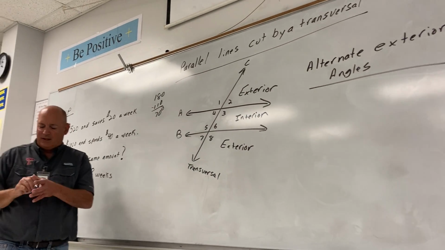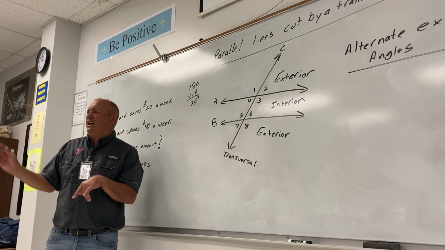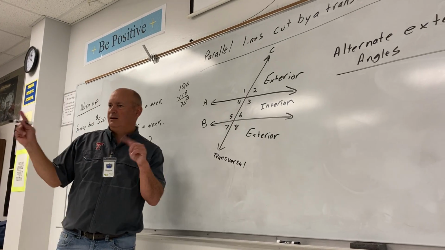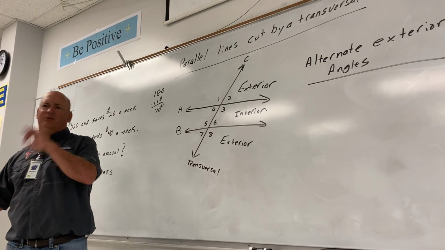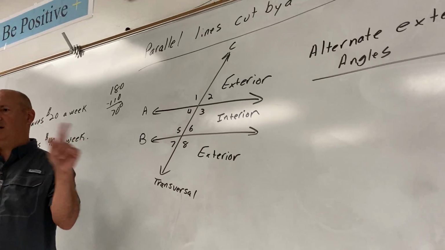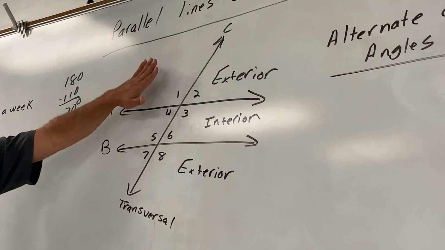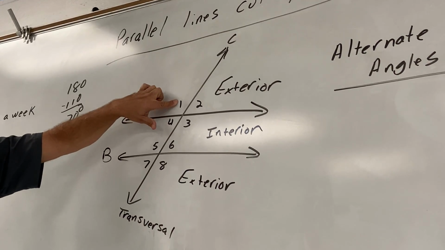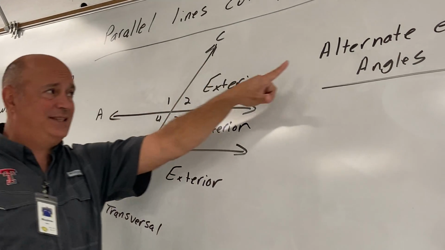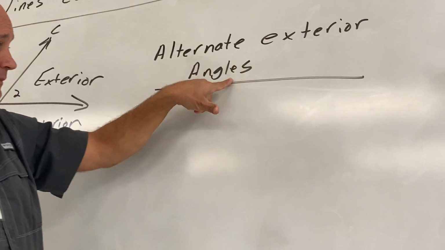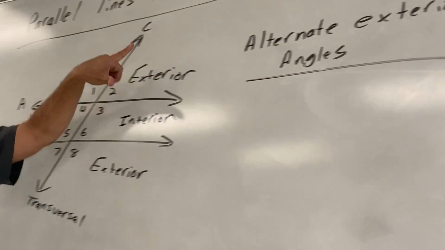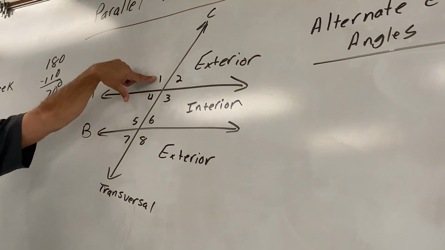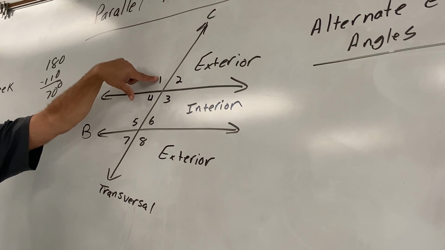All right. If I alternate something, doesn't that mean one over here and one over there? Alternate? Yes. So, let's talk about angle 1. We need another exterior angle that is the alternate of it. What angle do you think would be the alternate exterior of number 1?